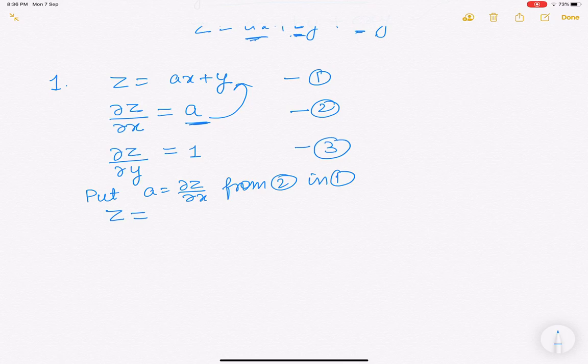We get z is equal to x del z over del x plus y. Since this doesn't contain any arbitrary constant, this is our solution.